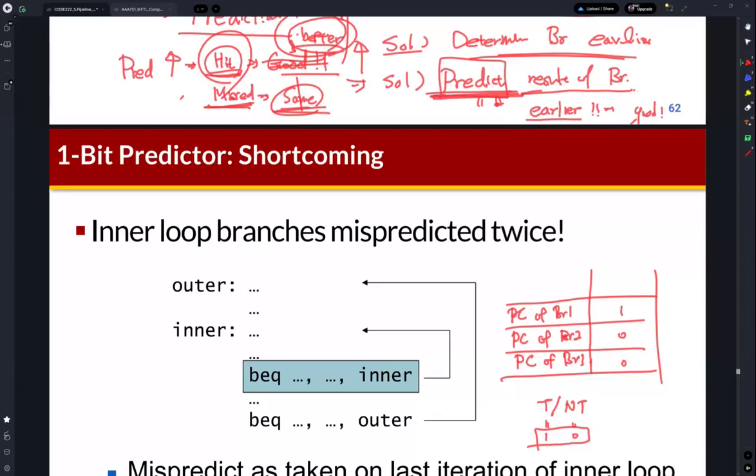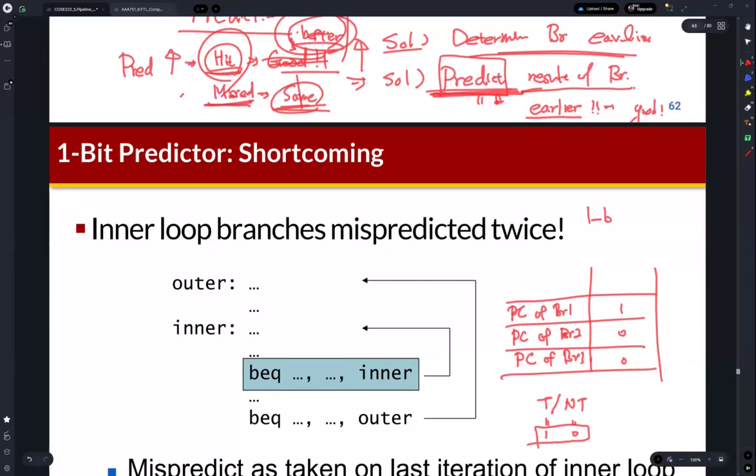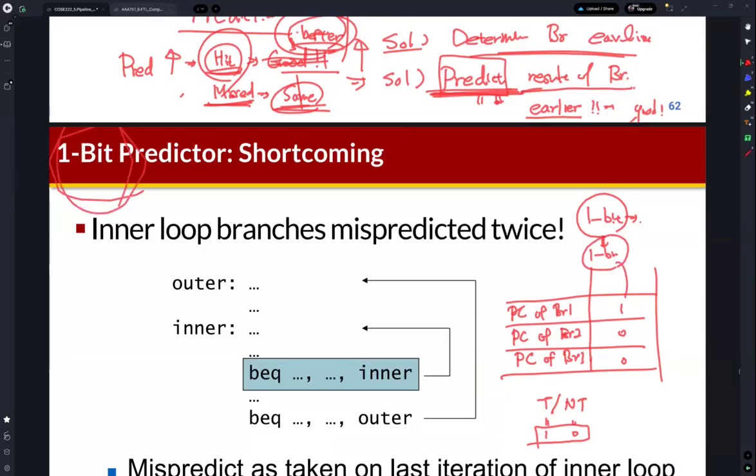If we just store the very previous result of a branch instruction, there's only one, and it is called the one-bit predictor. It's a one-bit predictor because we store one previous result of a branch instruction.